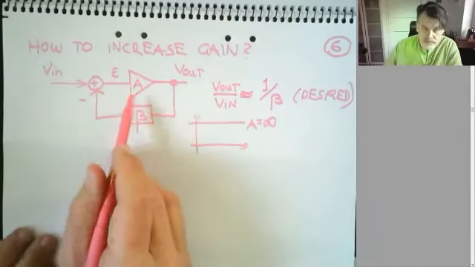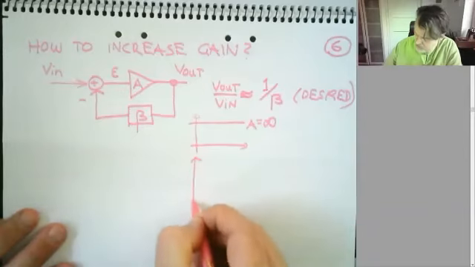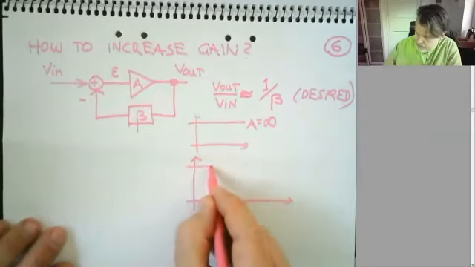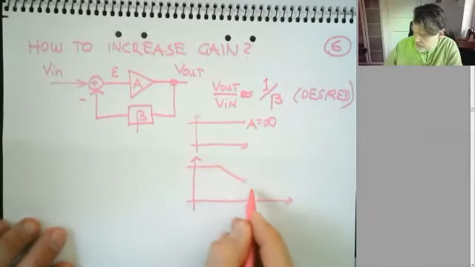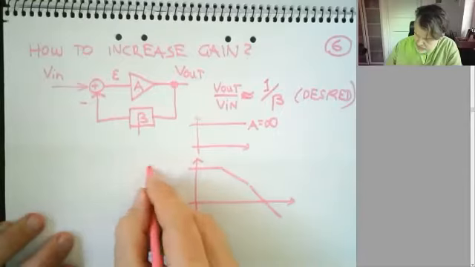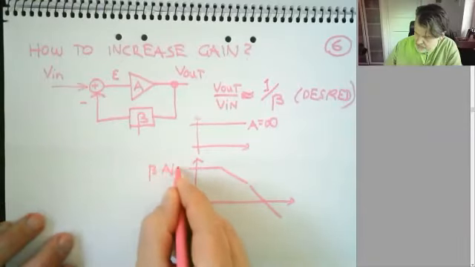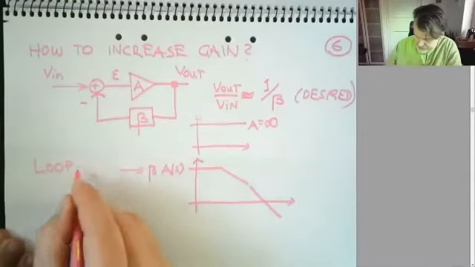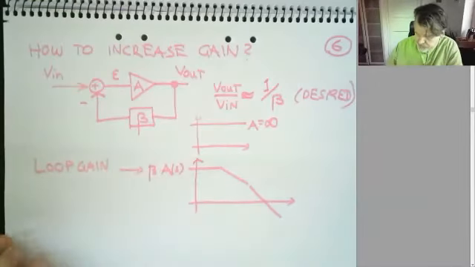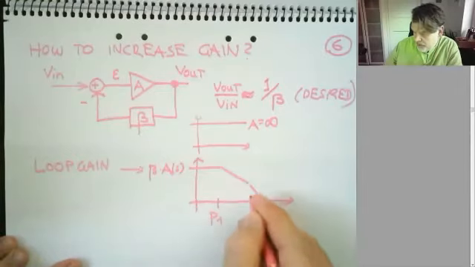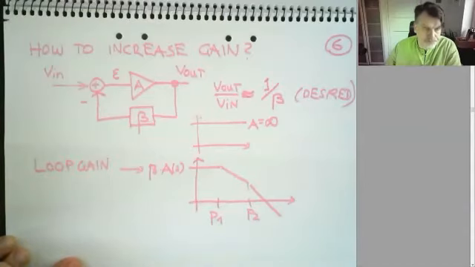If this is not perfect, remember from control theory, if we have a transfer function like this in the loop, if this is my beta times A of s, this is my loop gain. And I have started adding poles P1 and P2 in my loop.